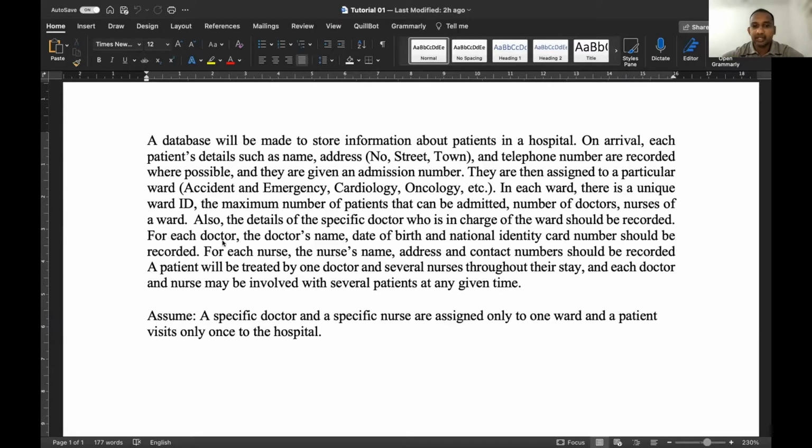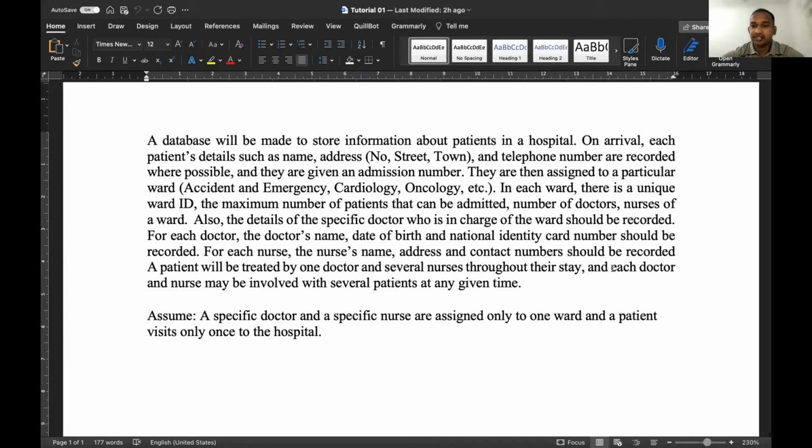For each doctor, you must save their name, date of birth, and their national identity card number. For each nurse, the nurse name, address, and their contact number should be recorded. A patient will be treated by one doctor and several nurses throughout their stay.